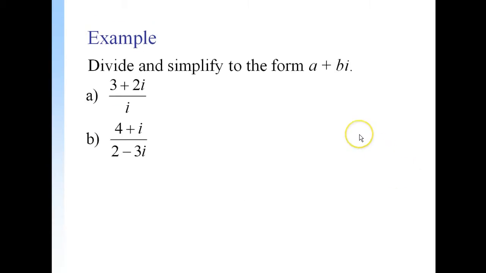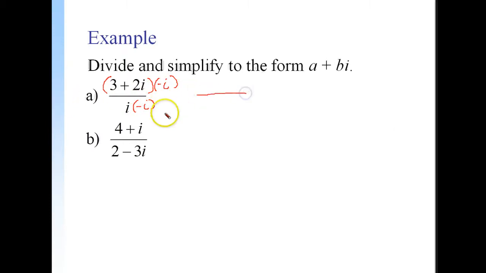Okay, now when we do division here, it's sort of like simplifying these fractions. What we use in our denominator is we will use the conjugate. Now remember, we're multiplying it by 1 in the form of -i over -i.